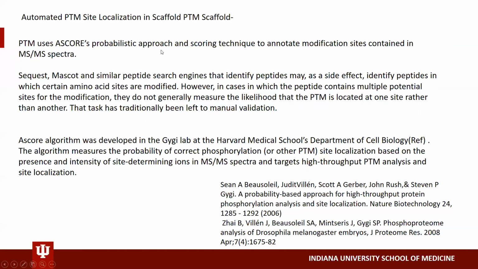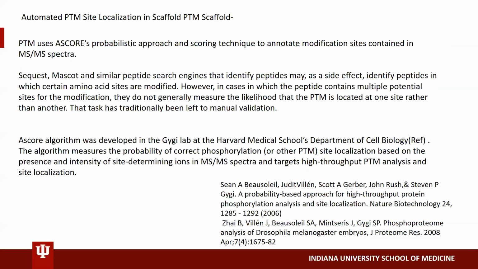It's a probabilistic approach that is looking for these diagnostic ions. So traditionally, you would be manually walking through, you would find your precursors that had potential PTMs with delta M over Z's from an unmodified peptide.